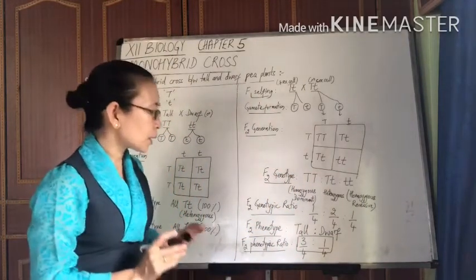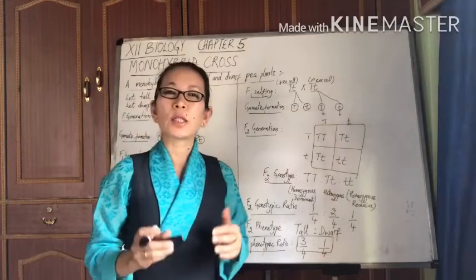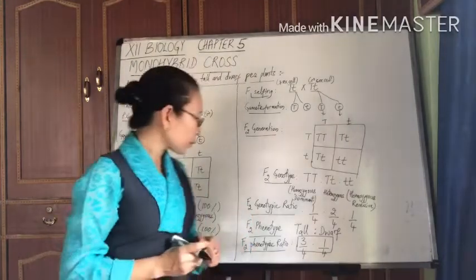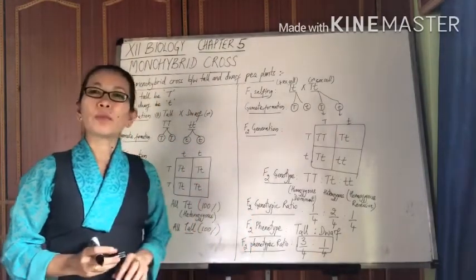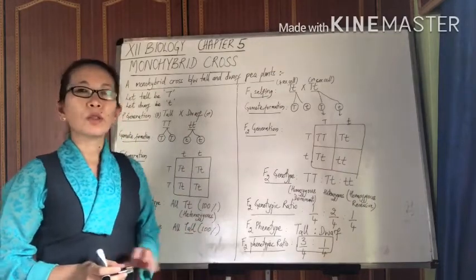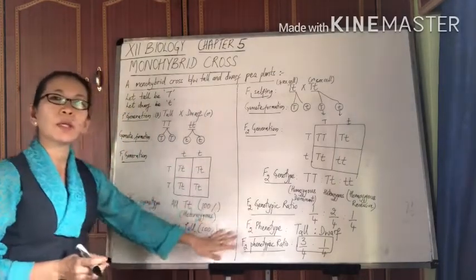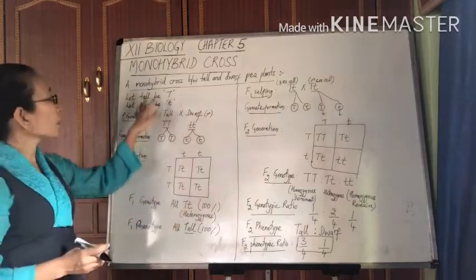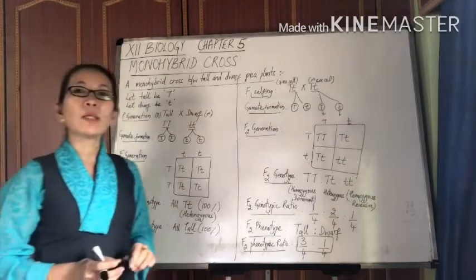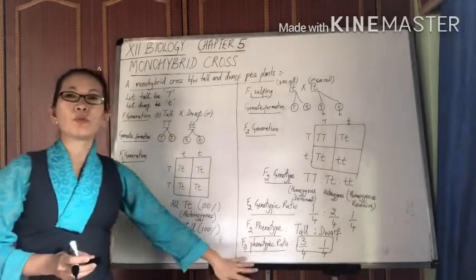Right, and this was a consistent and a very typical result of all of the Mendelian monohybrid crosses. So with this, we have completed with the monohybrid cross between tall and dwarf pea plants up to F2 generation.